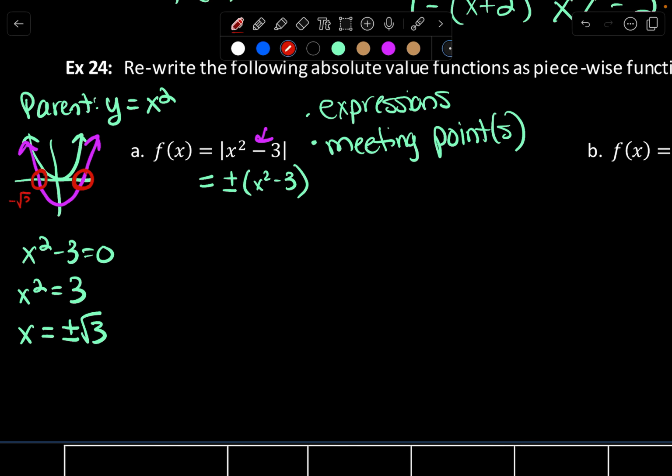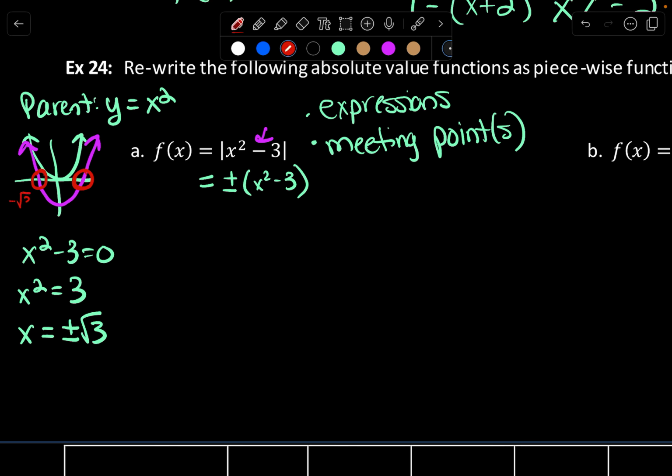However, this middle piece here, this will be reflected, all right? And if you think about it, once we flip that over, that parabola, that portion will be facing down, all right? Which means your expression should be negative. So it makes sense to use the negative for this one. So I'm going to distribute it.